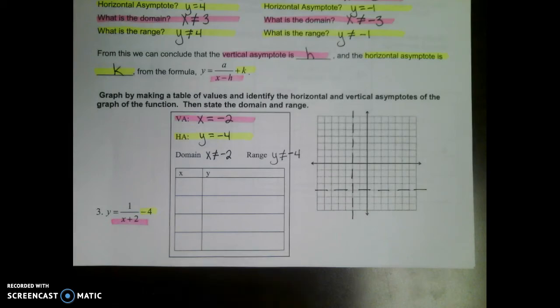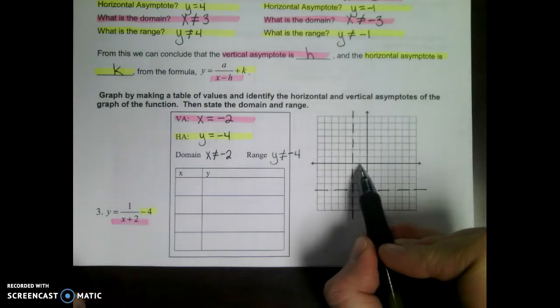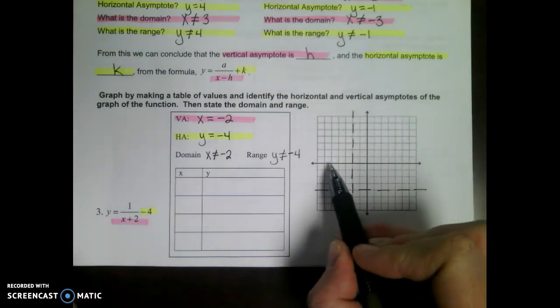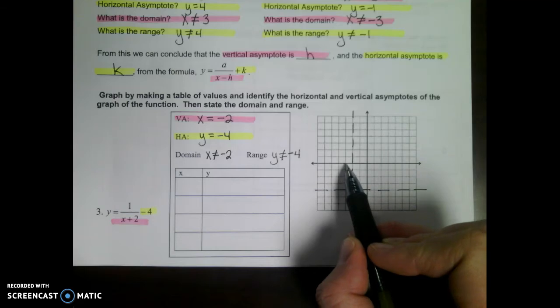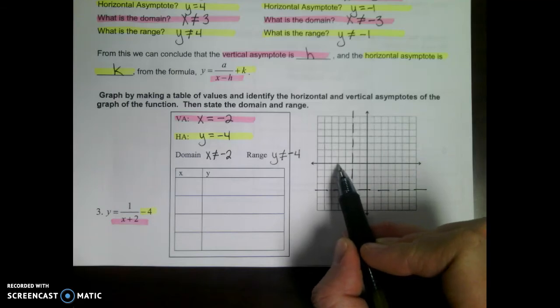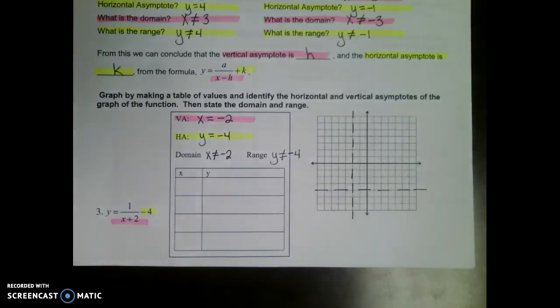Now, back in my day, we weren't allowed to use the graphing calculator to help us with this, so we had to pick numbers to the right and to the left of the vertical asymptote. So pick -1 and 0, pick -3 and -4, and plug those numbers in to get the corresponding y values and then graph them. I am going to let you take a shortcut and use the graphing calculator.